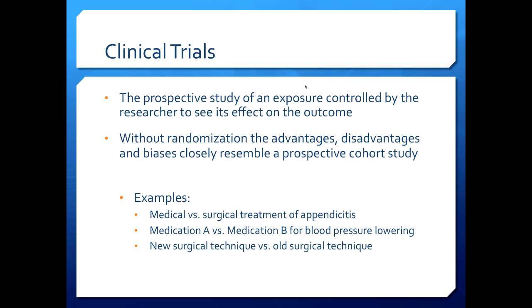Now let's move on to experimental studies, where the researcher controls the exposure status and observes the outcomes. Without randomization and blinding, the biases closely resemble those of a prospective cohort study, namely attrition, interview, and selection biases.